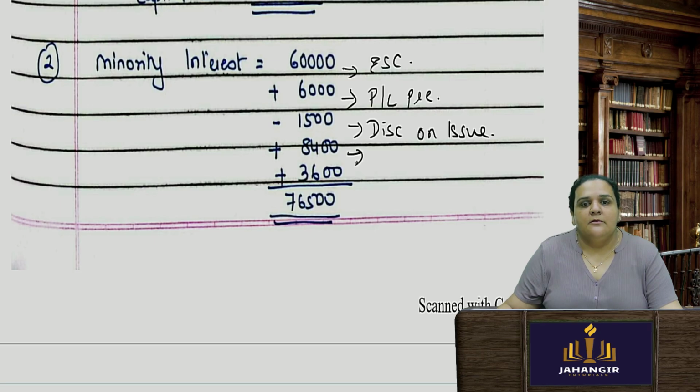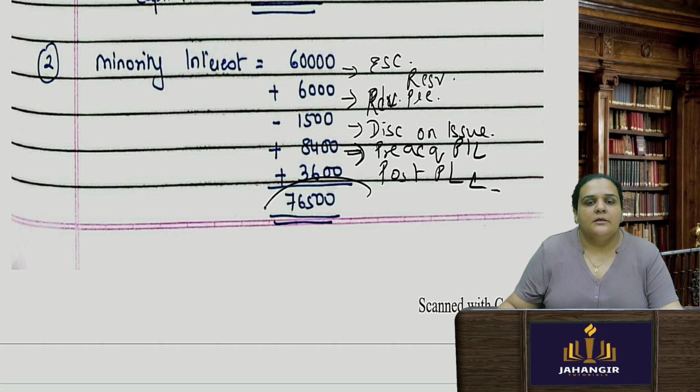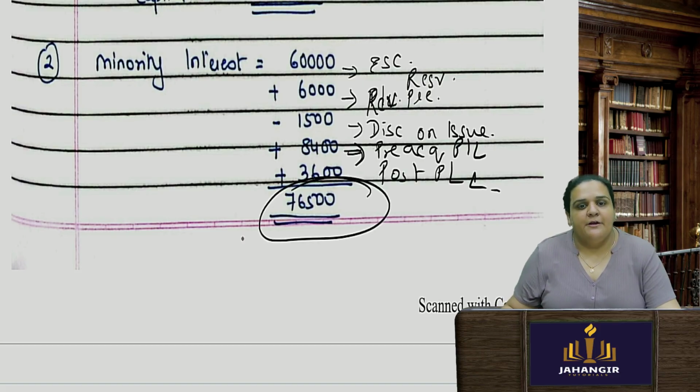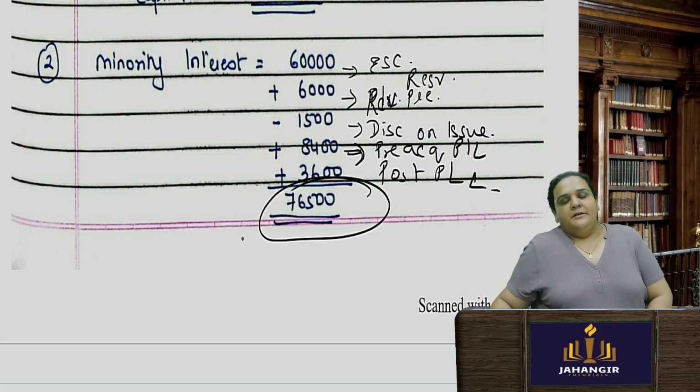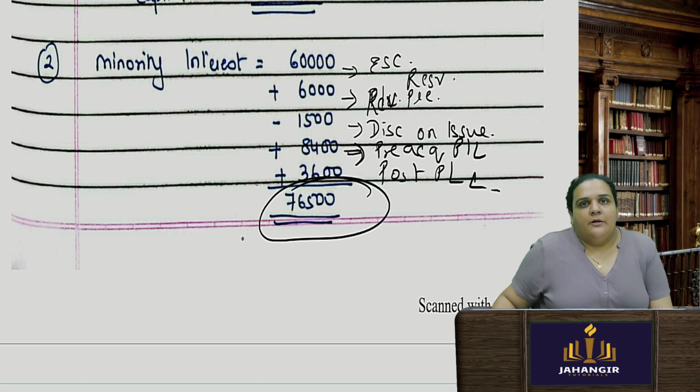Then this is your revaluation reserve. Then this will be your pre-acquisition P&L and this is your post P&L. So all together total is 76,500. 76,500 of minority interest.